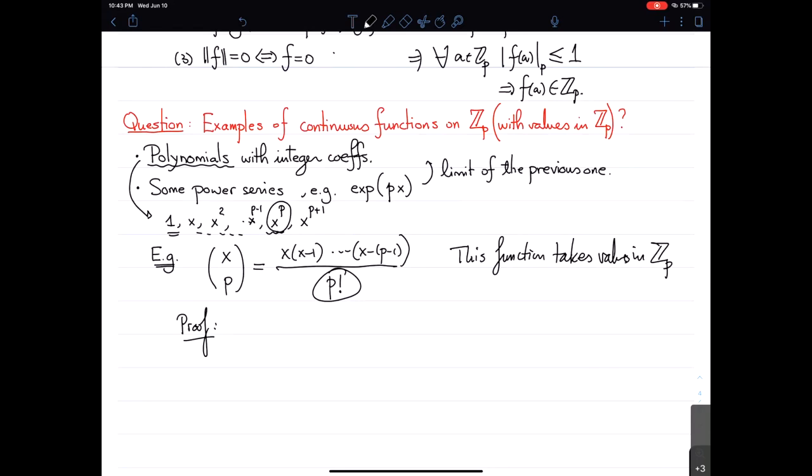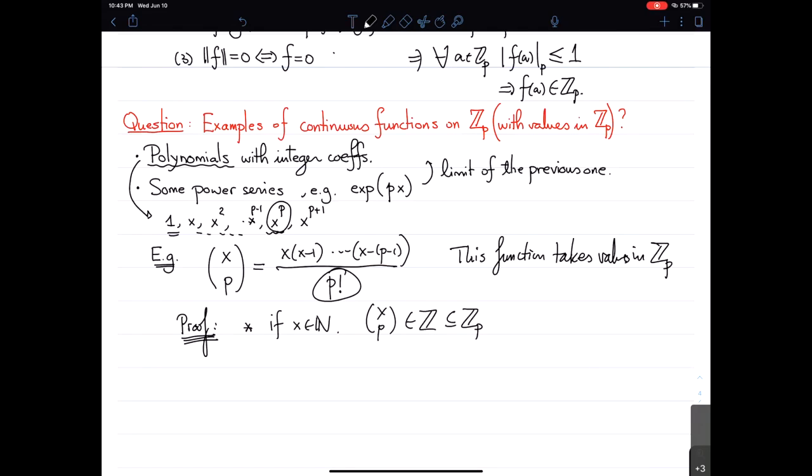Let me just go straight to it. So let's give a slightly not so easy to think about proof. First of all, let me do two things. If x belongs to N, a natural number, of course this is an integer.